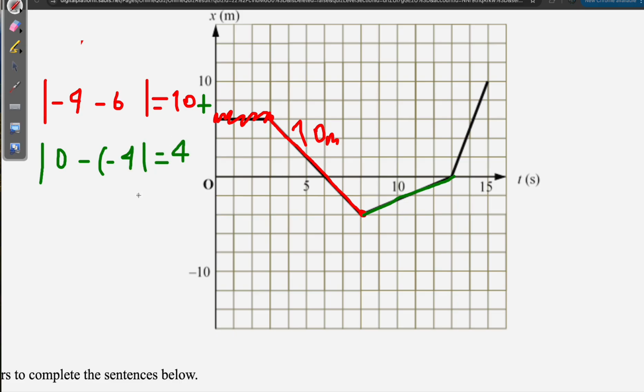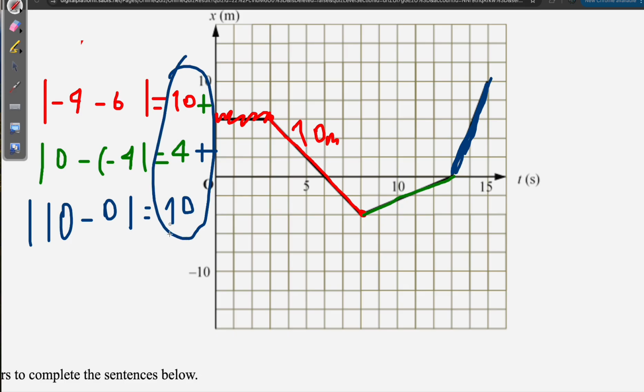So 10 plus 4, plus we have this line, I'll call it x2, from 0 to 10. Absolute value of 10 minus 0 is equal to 10. This gives us the distance, which is 24 meters.